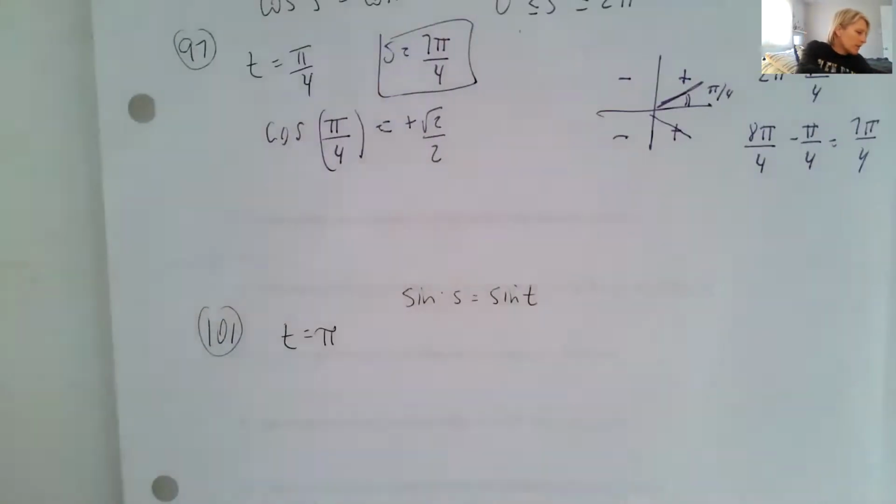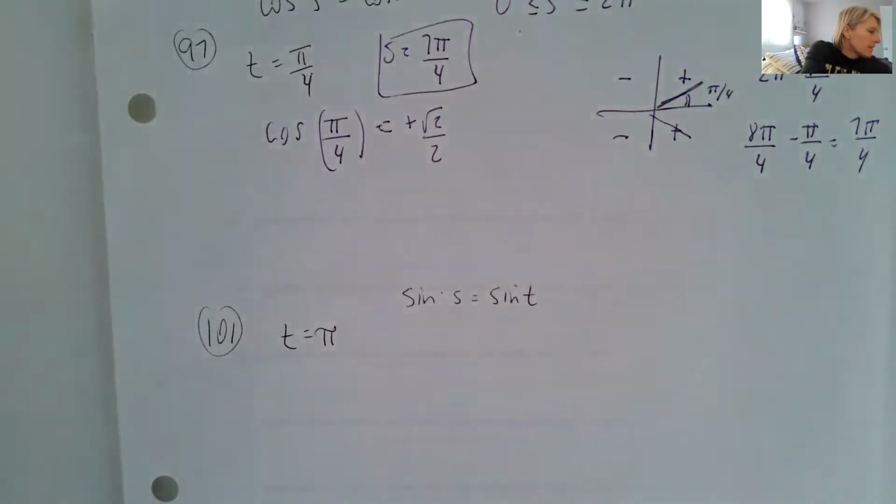So 101 is a similar one. 101 says, find an angle S and T, which cannot equal each other, such that sine of S equals the sine of T. So similar to what we just did, but we're talking about sine.